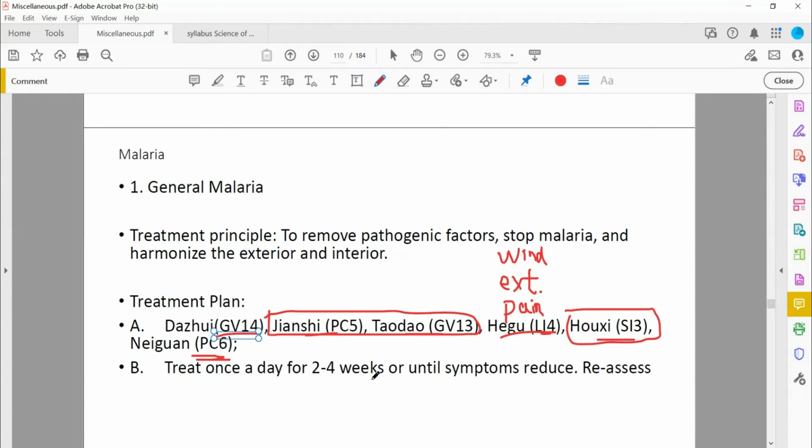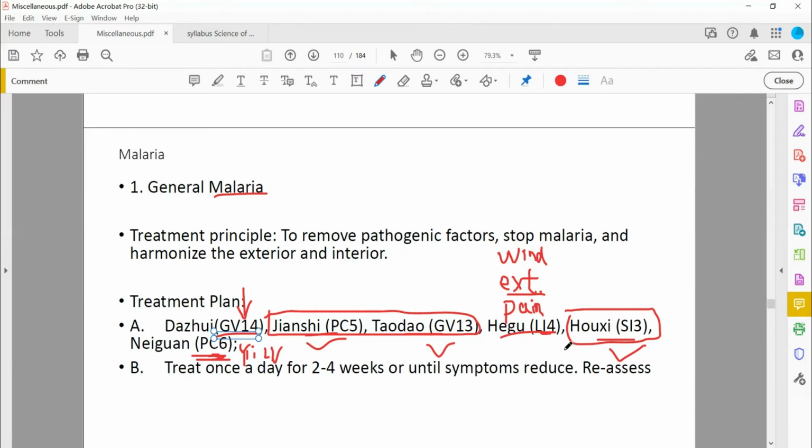So let's see. This one for malaria. This one for the heat. This one for the exterior. Use this one for the interior, because it's the confluent point of the yin linking vessel. The yin linking vessel is responsible for the interior, right?